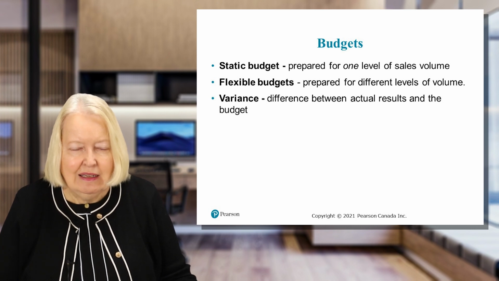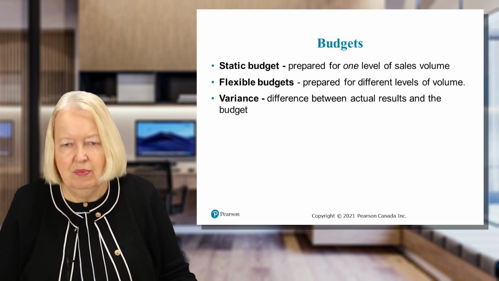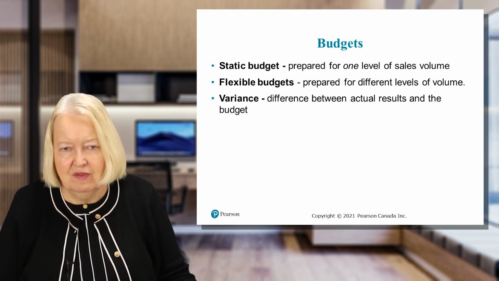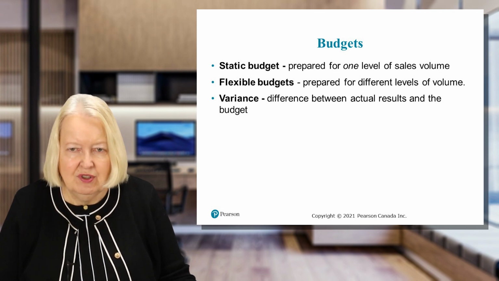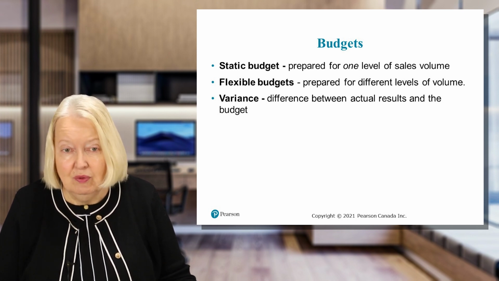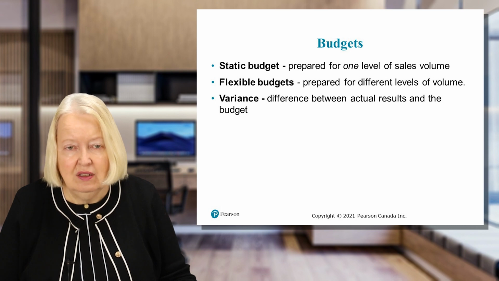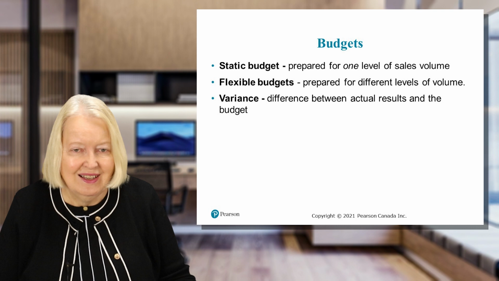So the overall takeaway here is you have your static budget, which is prepared for one level of sales volume. Then your flexible budgets are prepared for different volumes. So you might have started off with a static budget for 8 pools, but then you would also want to do what we referred to in previous chapters, sensitivity analysis.